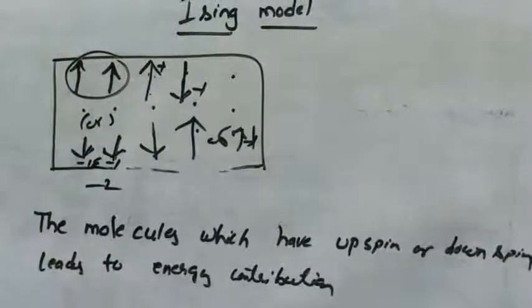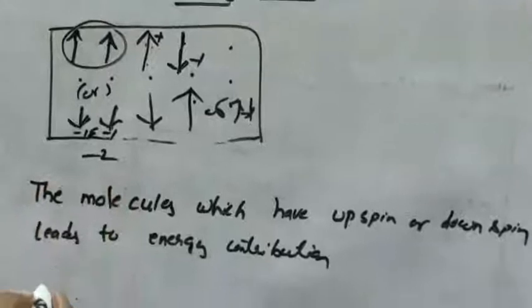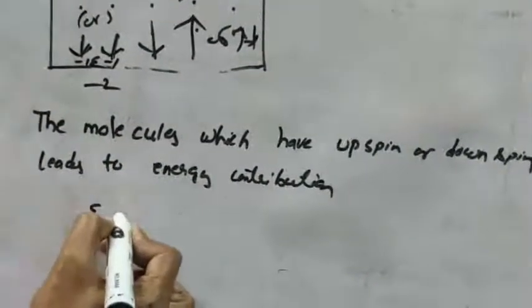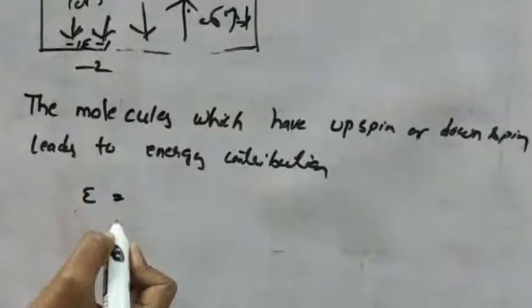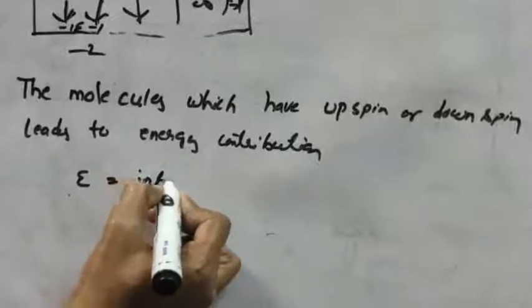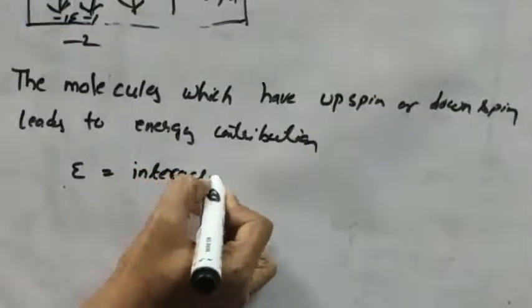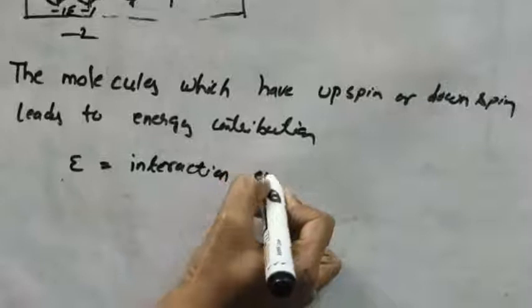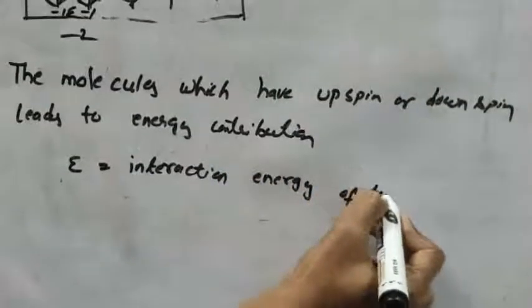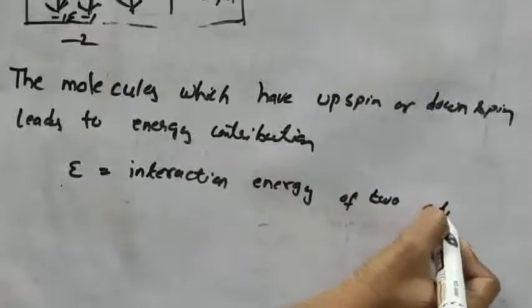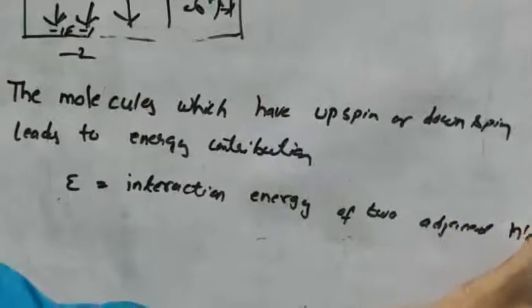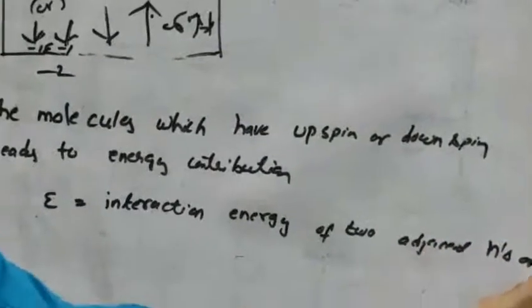Now here we have observed many parameters, like epsilon, where epsilon represents the interaction energy of two adjacent A's or two adjacent B's.